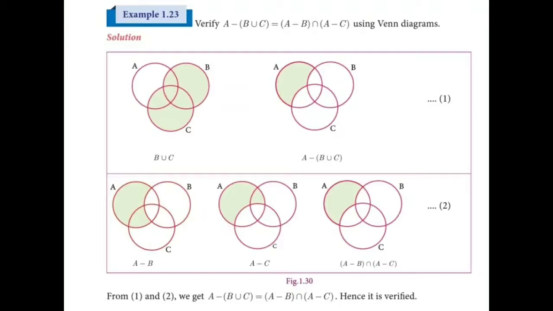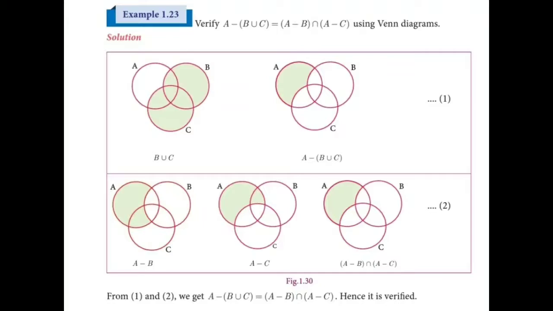So adding B and C fully, including A intersection B, B intersection C and A intersection C, that is B union C. Then A minus (B union C) is the difference between A and B union C, which means only in A, not in B union C. So adding A except B union C, shown in the figure. That is equation number 1.